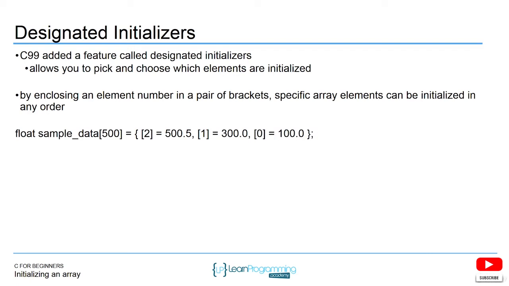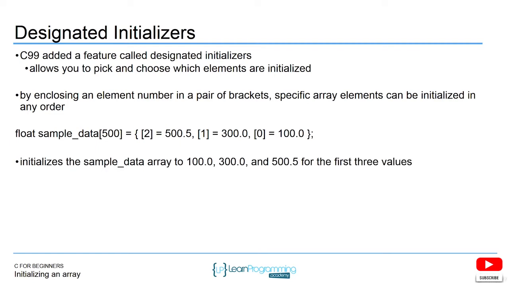So here's an example. Again, we have our sample data array. It's of type float. It's going to be 500 in size. But here, inside of our curly braces, we have additional indexes. We have our brackets: [2] equals 500.5, [1] equals 300.0, and [0] equals 100.0. They're separated by commas.